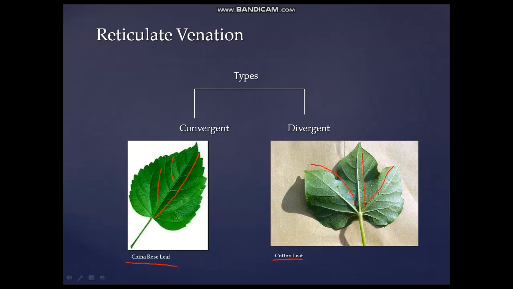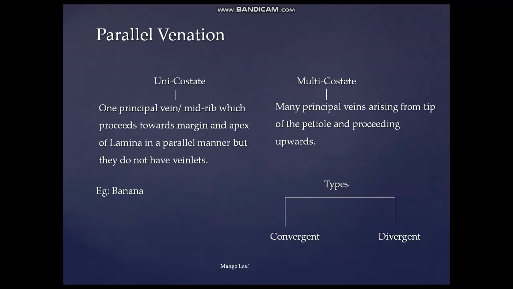Similarly, we find it in parallel venation also. Parallel venation also has two types, unicostate and multicostate. In unicostate, one principal vein proceeds towards the margin and the apex of lamina in a parallel manner, but does not form veinlets. Example is banana.